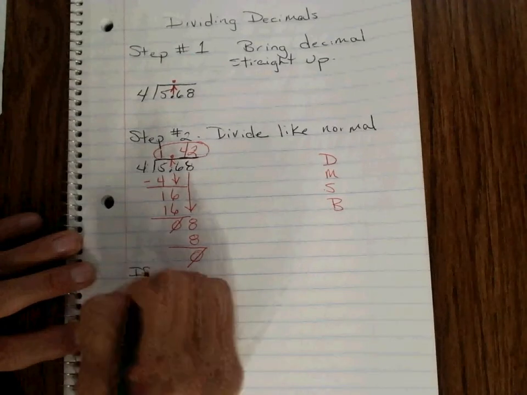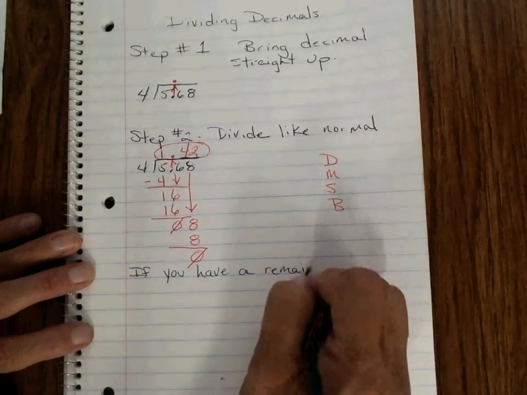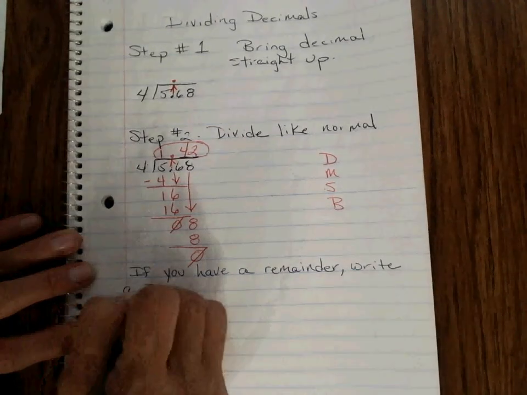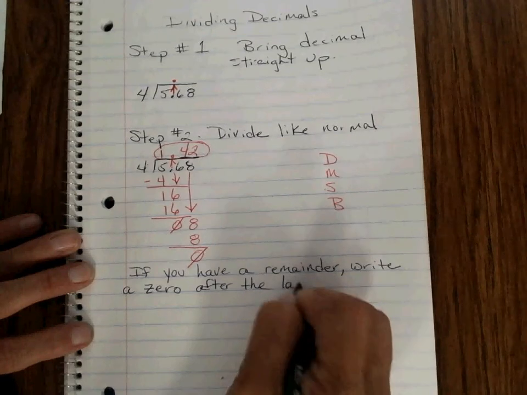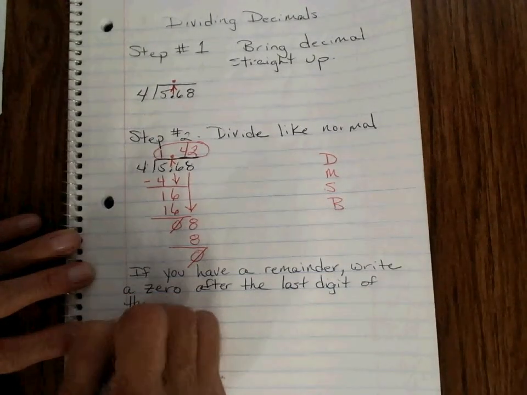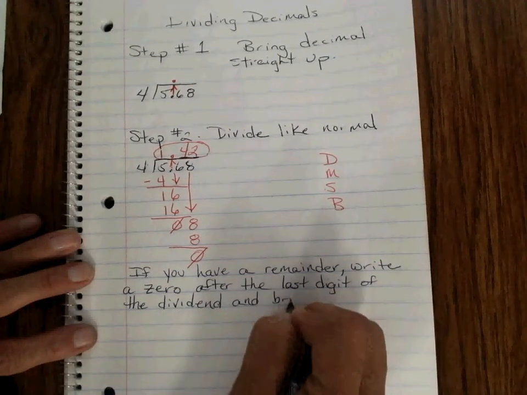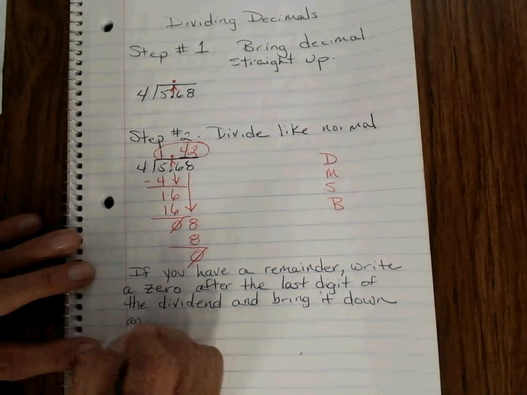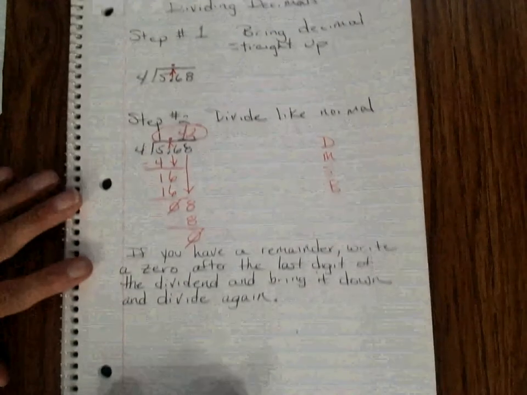So, if you have a remainder, and that's of course after you've brought down the last digit, you're going to write a 0 after the last digit of the dividend, and then bring it down and divide again.